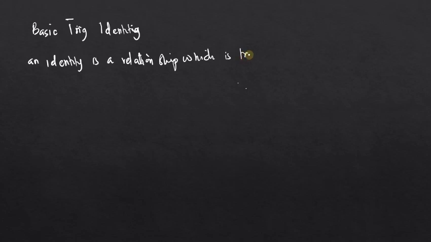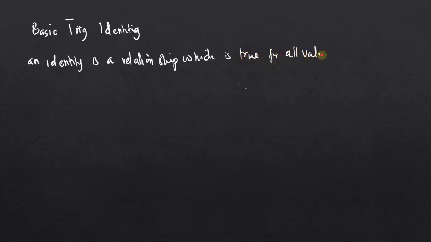An identity is a relationship which is true for all values of the variable.